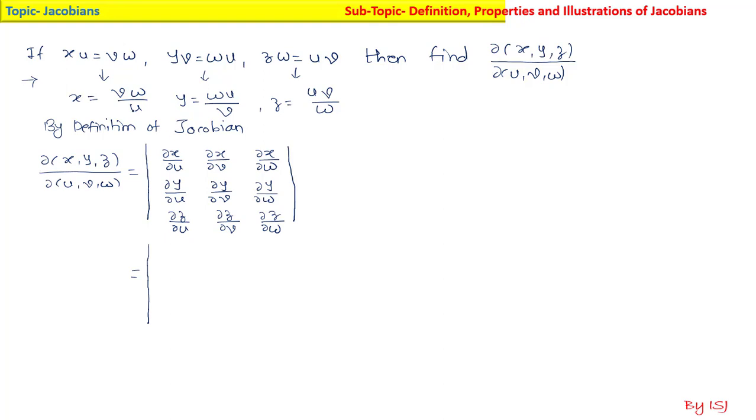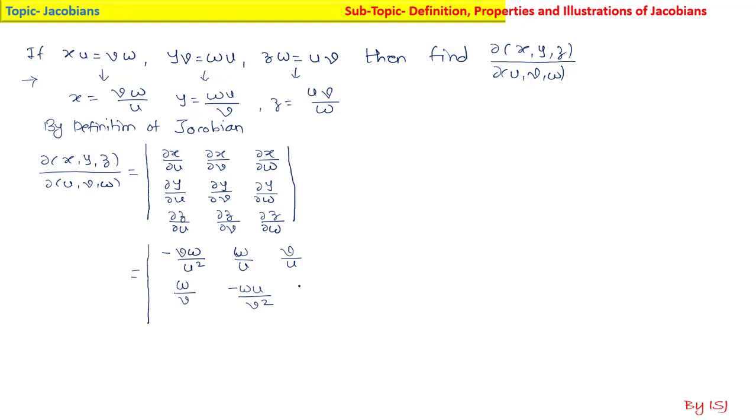So what is delta X by delta U? With V and W constant with respect to U, it is minus VW upon U square. Then delta X by delta V is W upon U. Then delta X by delta W is V upon U. Delta Y by delta U is W upon V. Delta Y by delta V is minus WU upon V square.